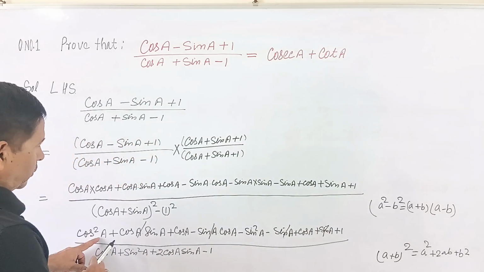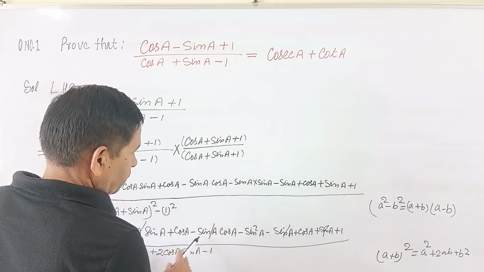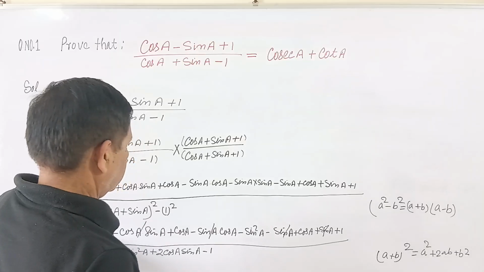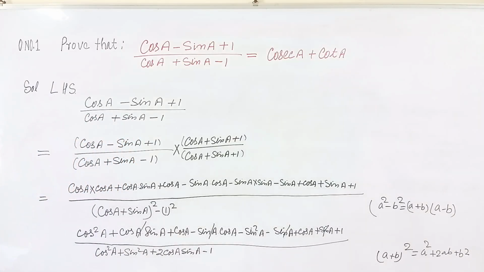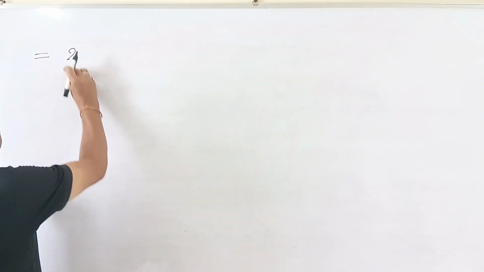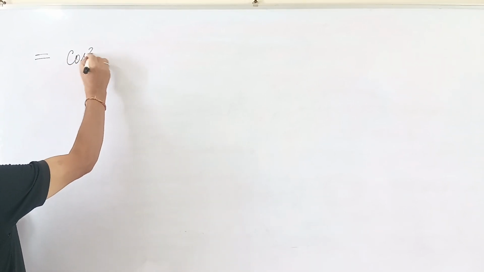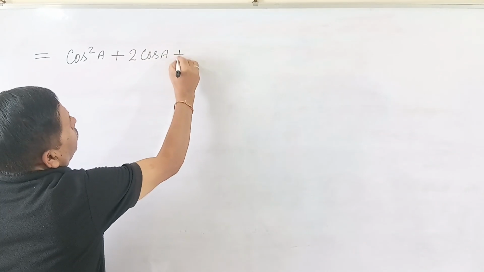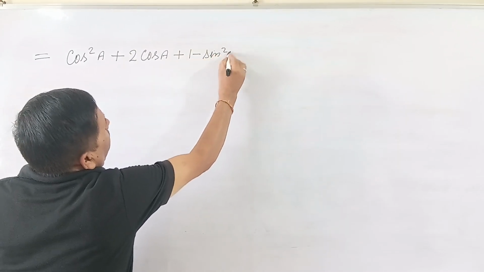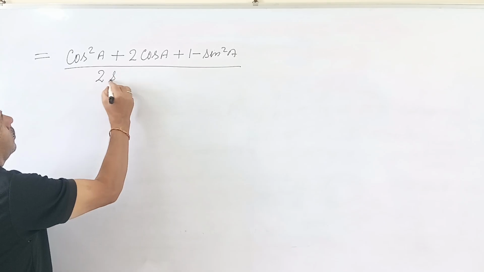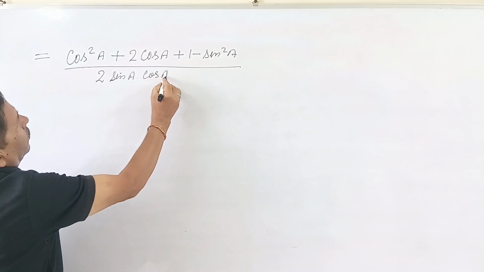So we will get cos square A minus sin square A plus cos A plus 1, that means equals cos square A plus 2 cos A plus 1 minus sin square A upon 2 sin A into cos A.